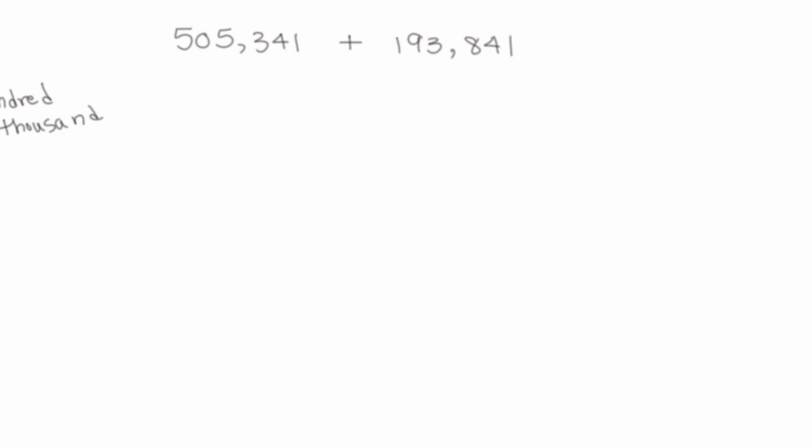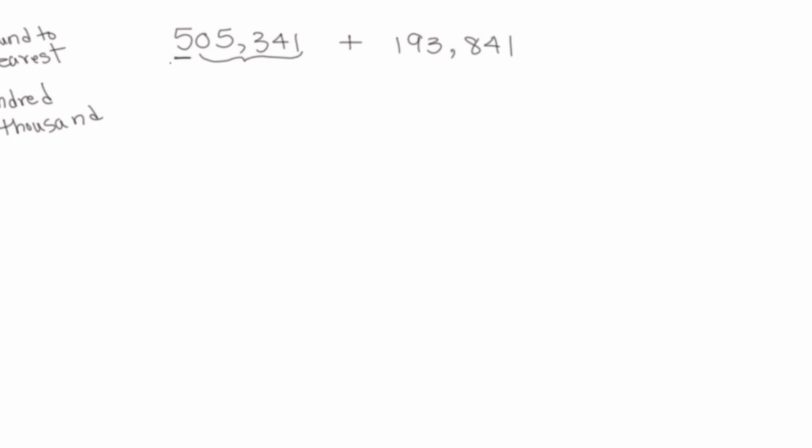So we're going to round to the nearest 100,000. Okay, we're going to look at this number first, and we already have 500,000. The next highest 100,000 would be 600,000. So if we look at what's left in the rest of the number, we can try to visualize this without actually drawing the number line.